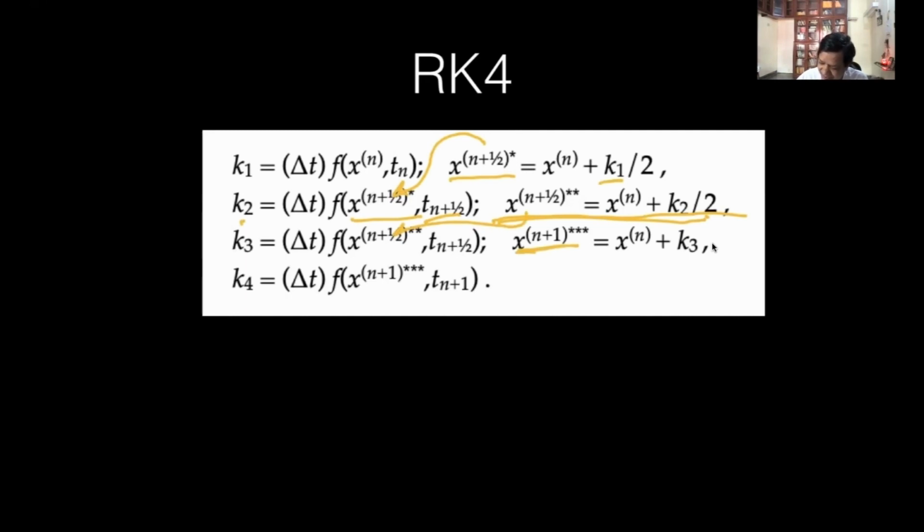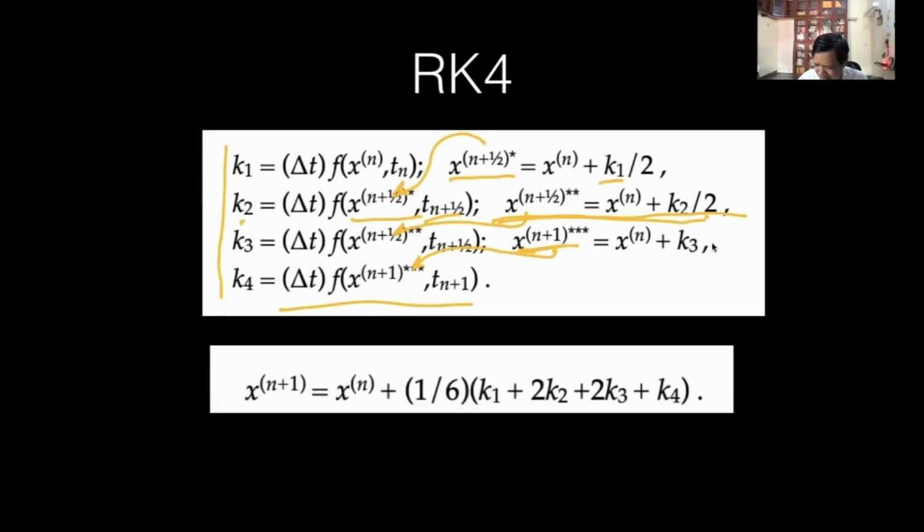And then for k4, we use this one to compute one more f. Okay, so you got four of these k's, and then this corrector. So xn plus 1 is this formula. Now it is accurate up to delta t to the 4, and the error is delta t to the 5. So I recommend RK4. RK4 is very popular for solving equations.